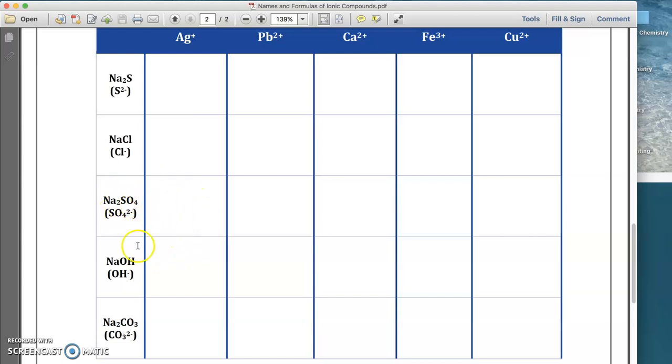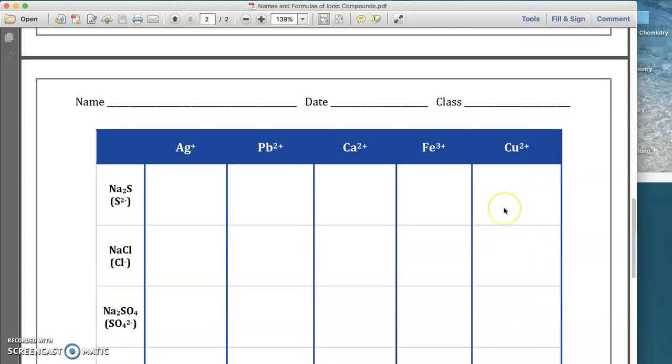The fourth test tube of silver, we'll react it with sodium hydroxide. And then in the fifth test tube, we'll react it with sodium carbonate to see what forms there. So that's what you're going to do with all your test tubes. You're going to do this for silver, and then you'll repeat it for lead, calcium, iron, and copper 2+.